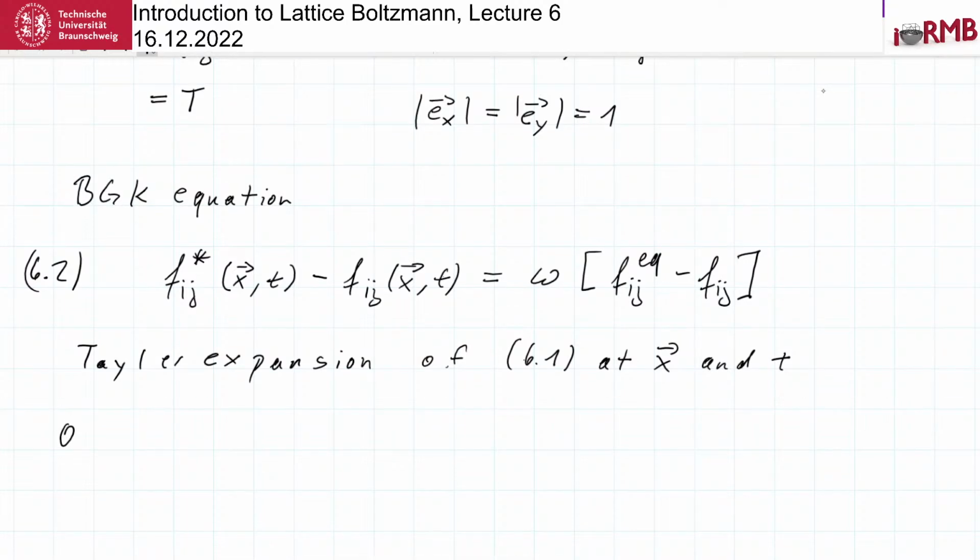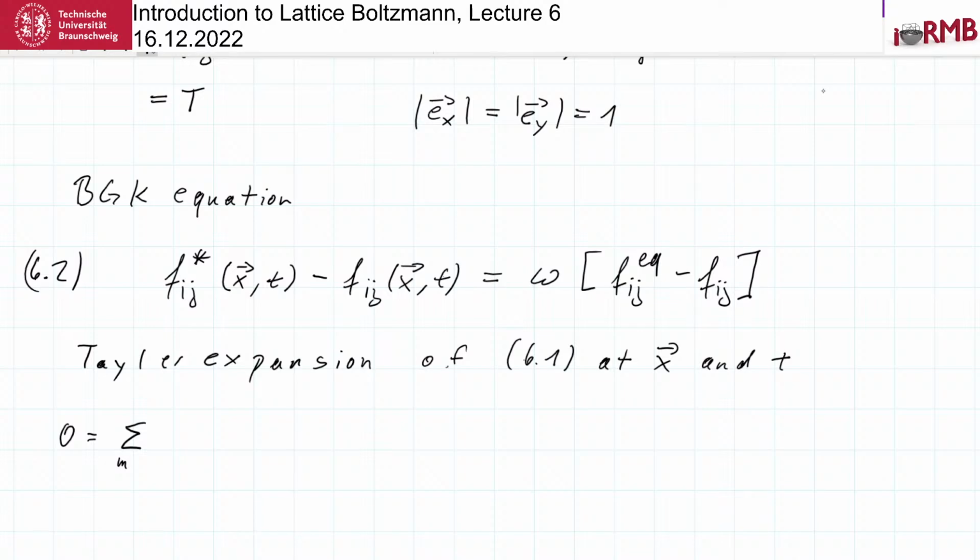And because we put everything on one side, they still equal 0. Now we do the Taylor expansion at these positions, and of course in all the different directions. So now this Taylor expansion has, of course, expansion parameters.